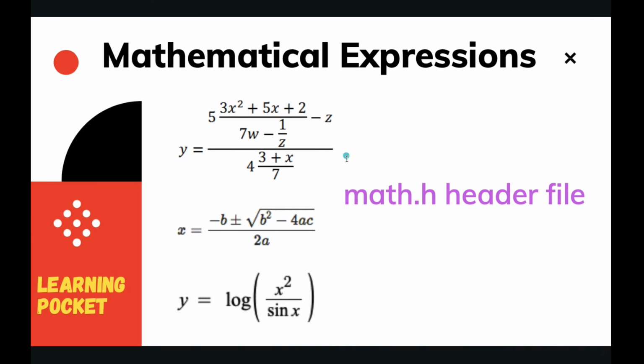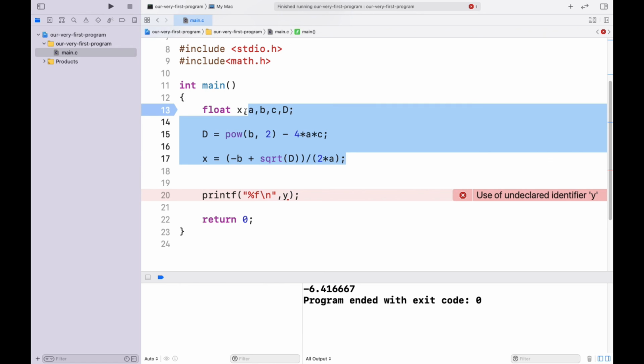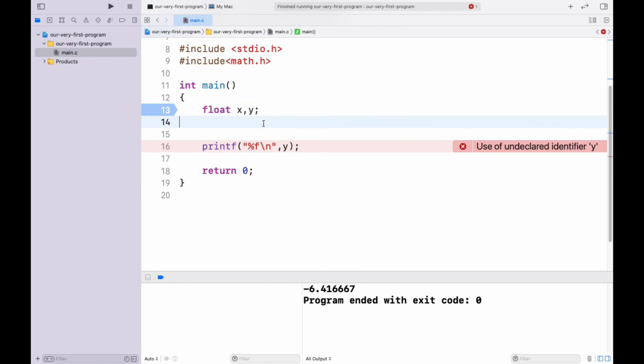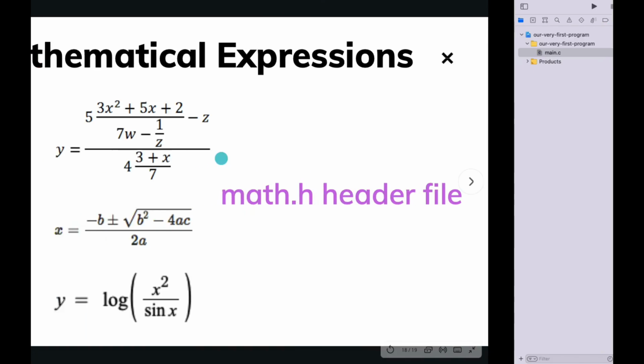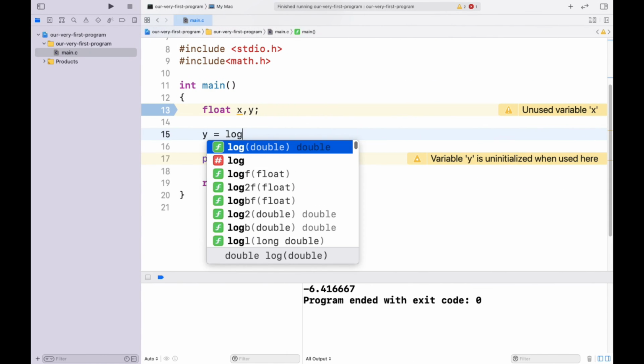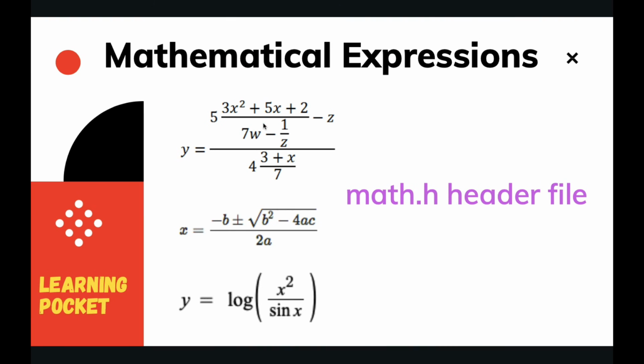So let's have our next function, that is nothing but a logarithmic function and a trigonometric function. So y is equal to, first we have log. So for log we have the log function in math, and we are just doing log of x to the power of 2, using the power function, divided by sine x.